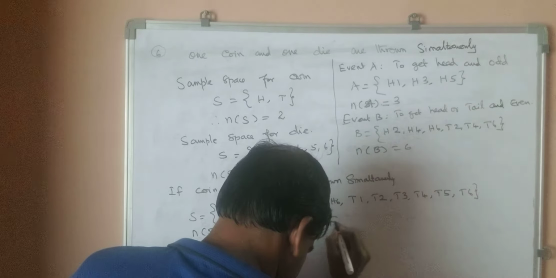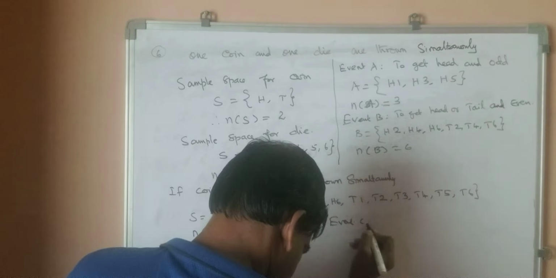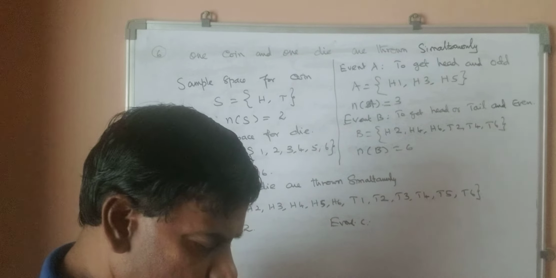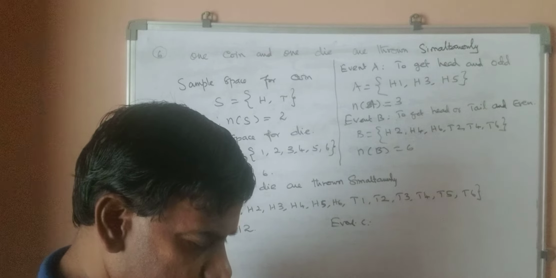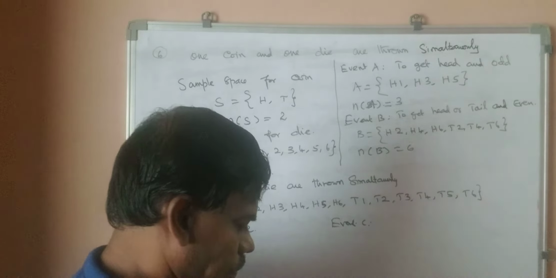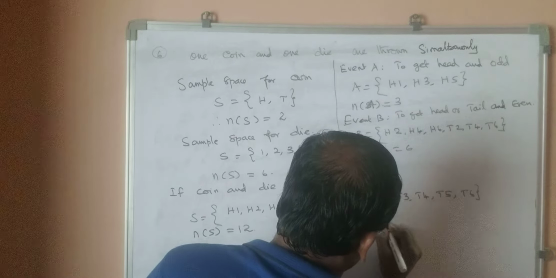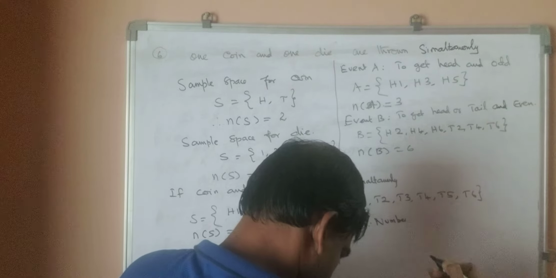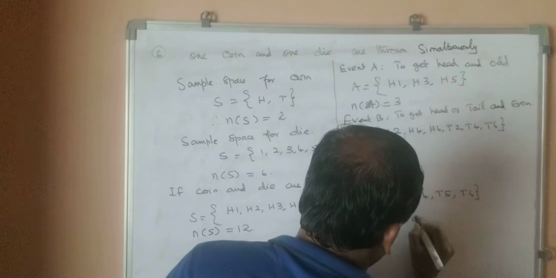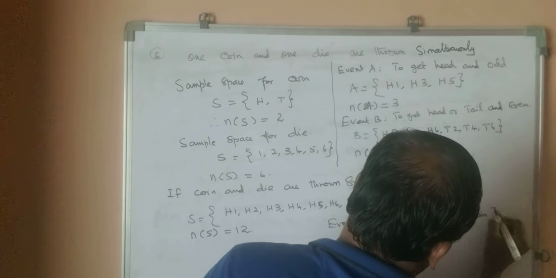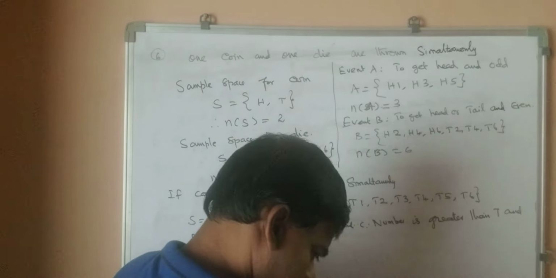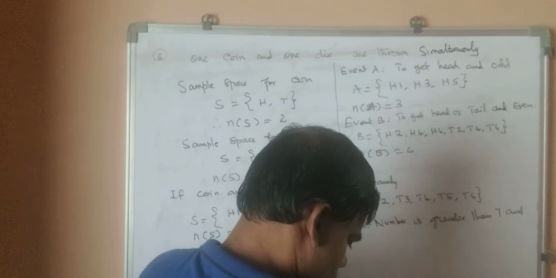Now event C. Number on the face is greater than 7 and tail on the coin. Number is greater than 7 and tail.